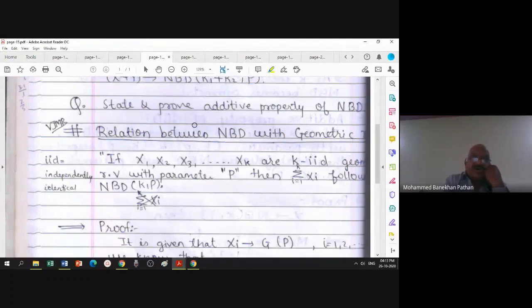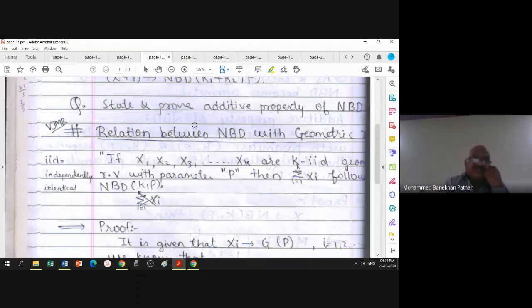Let us recall the geometric random variable which I taught in your first year. Geometric random variable is nothing but the number of failures before getting the first success. That means in geometric, we make a record of failures in a random experiment to observe the first success.